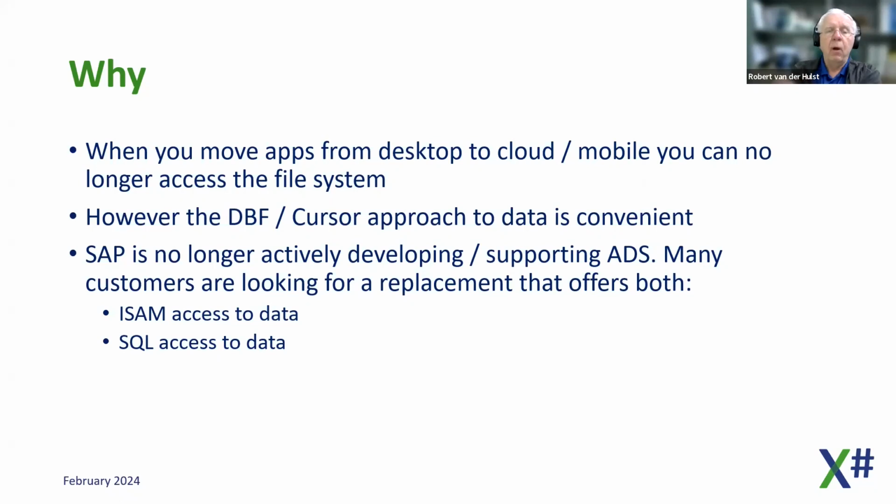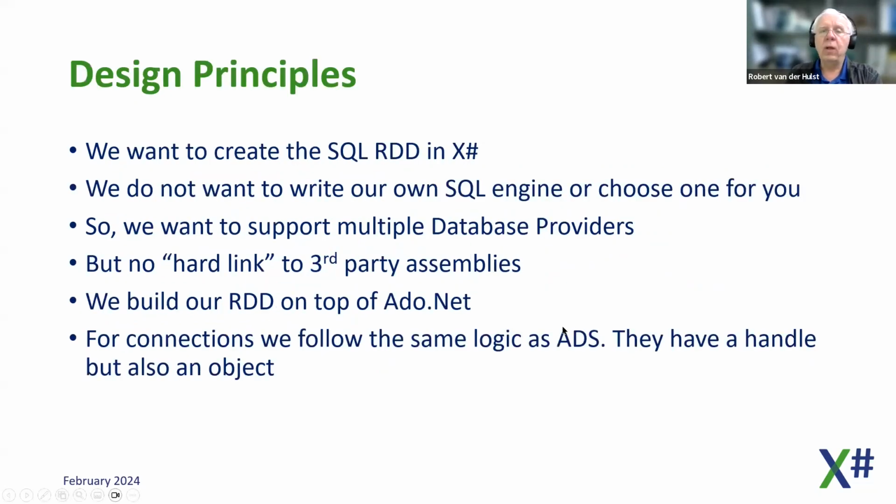Now, the approach could be to start with an RDD that we have and put SQL on top of it. But writing a SQL engine, that's not something that we were looking for. So what we wanted to do is not write our own SQL engine. It is a lot of work, and it's already done.